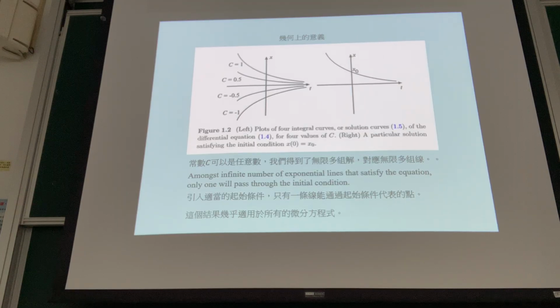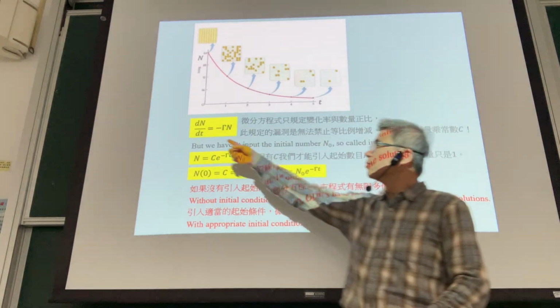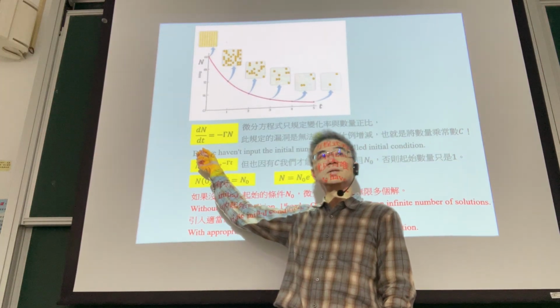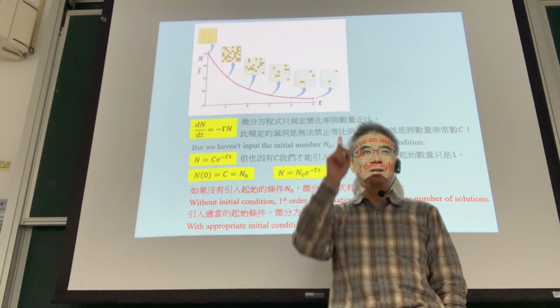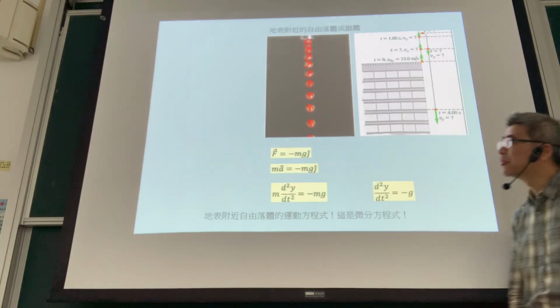When there is a second order derivative, the initial condition will consist of the initial position and the initial velocity. We need two initial conditions. But here, because our derivative is only first order, we only need one initial condition. Okay, one initial condition is enough for this.